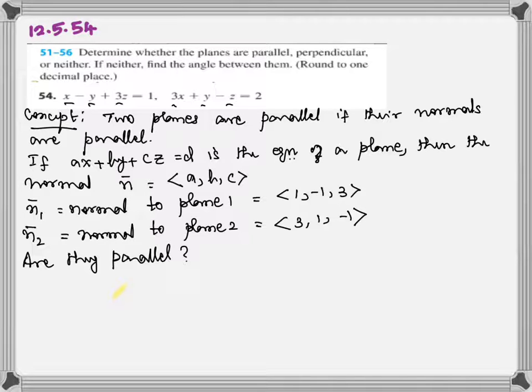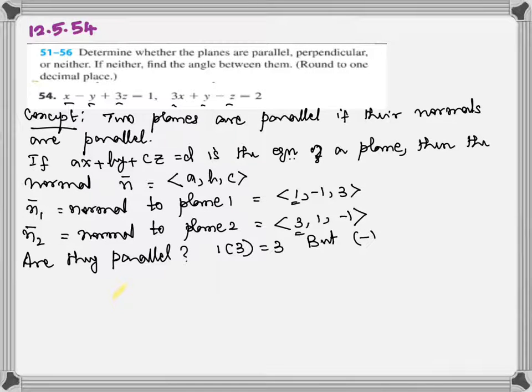The two normals will be parallel if one is a scalar multiple of the other. So if we consider the number 3, which is 1 multiplied by 3, that means every component of n2 must be 3 times the first normal vector.